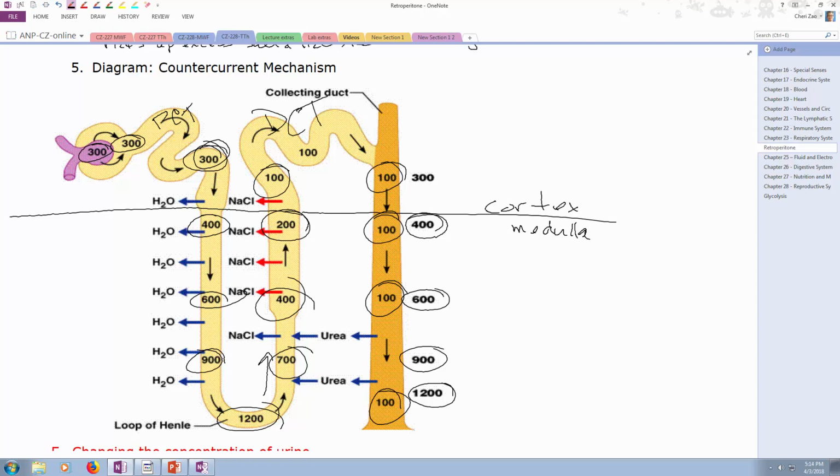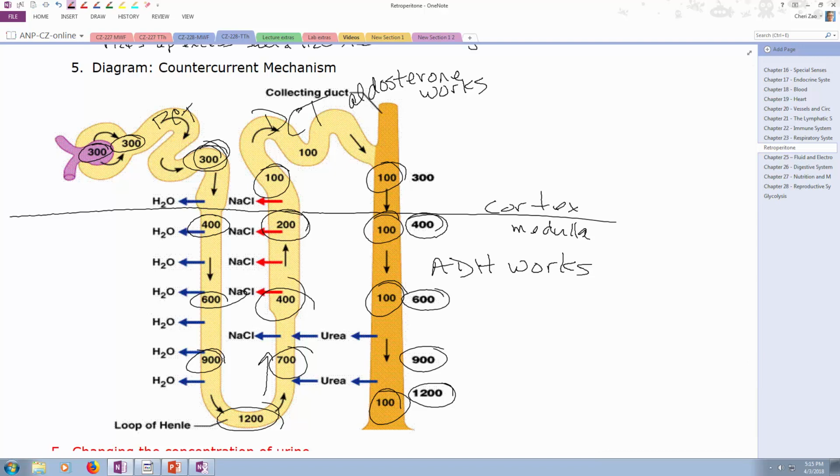But the collecting duct is where ADH works. The DCT is where aldosterone works. And that's how we actually will affect the concentration of the urine.